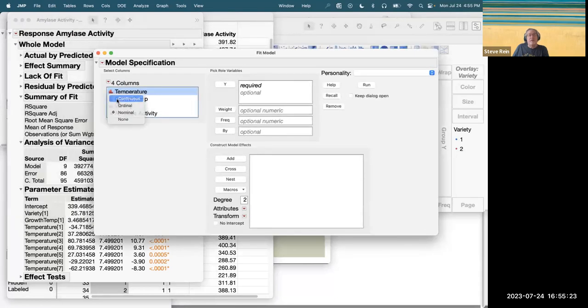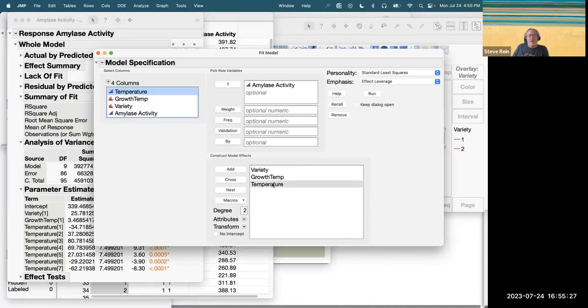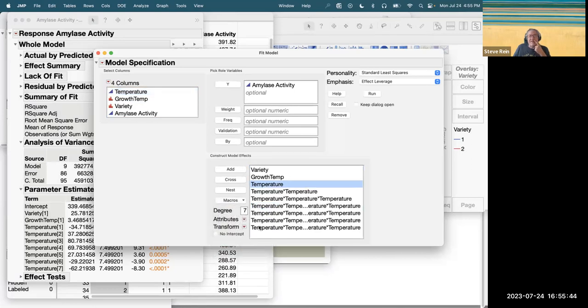Temperature we're going to now treat as numeric or continuous. I'm going to hit recall, but temperature, remember, because I don't want to fit just a linear version of temperature, I'm going to say, well, I've got 8 levels, a 7th order polynomial of temperature, that thing over here off to the left. We're going to apply the macro to it, and it's a polynomial up to degree 7.